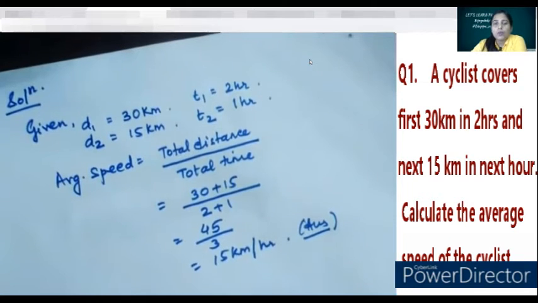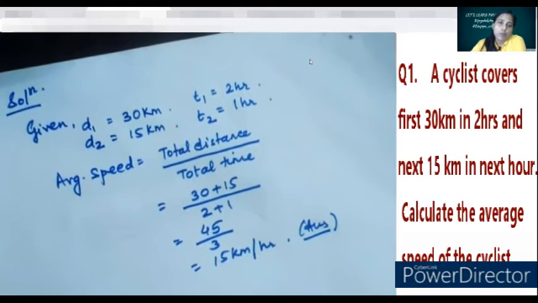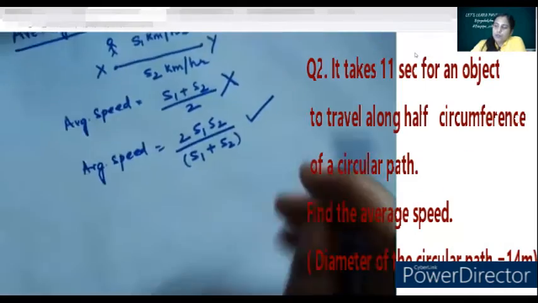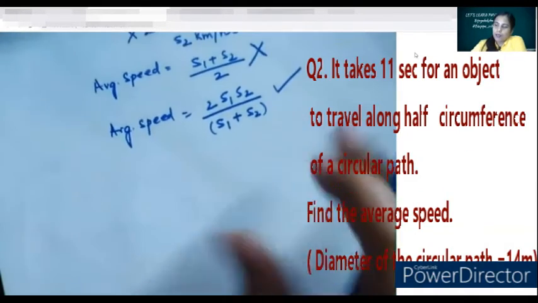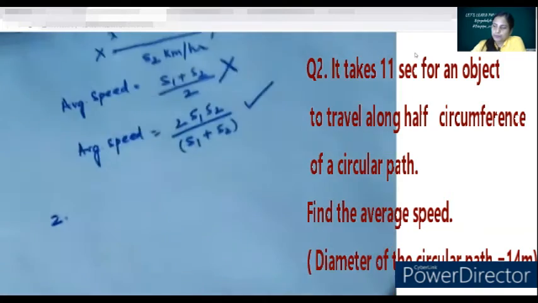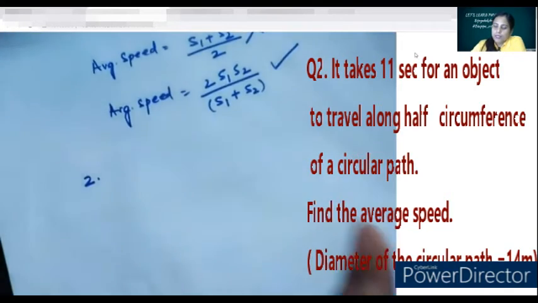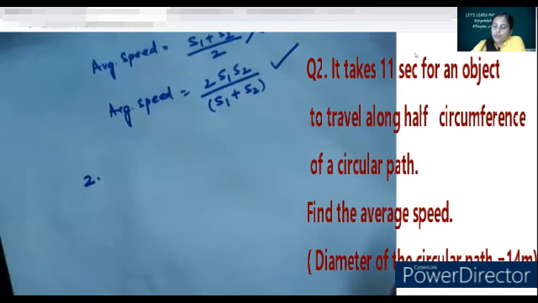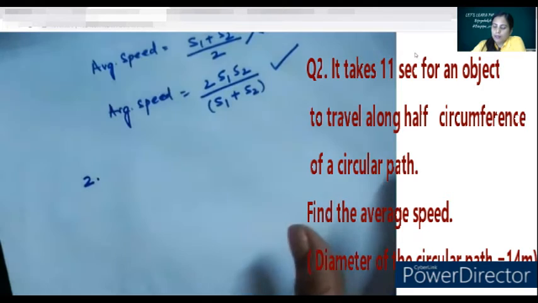So this is how we are going to solve the average speed sums whenever we come across them in the book or question papers. Now come to the question that I have given in sum number 2. It takes 11 seconds for an object to travel along half the circumference of a circular path.